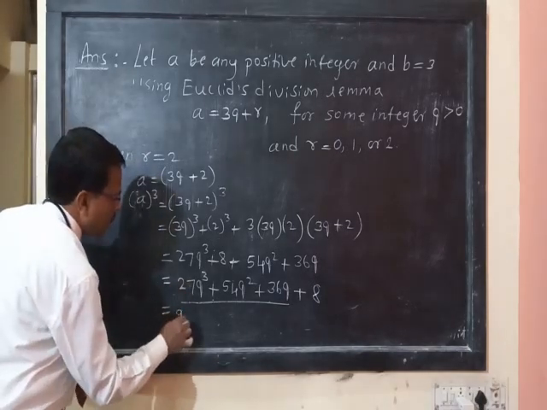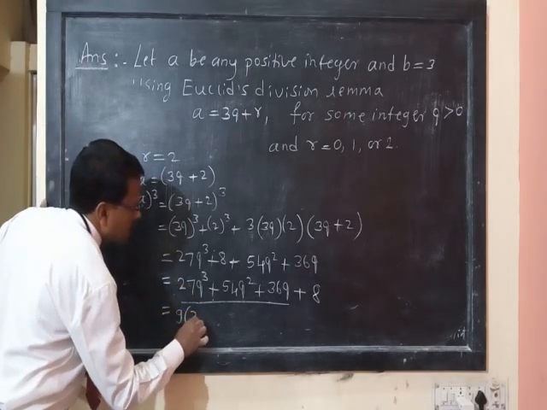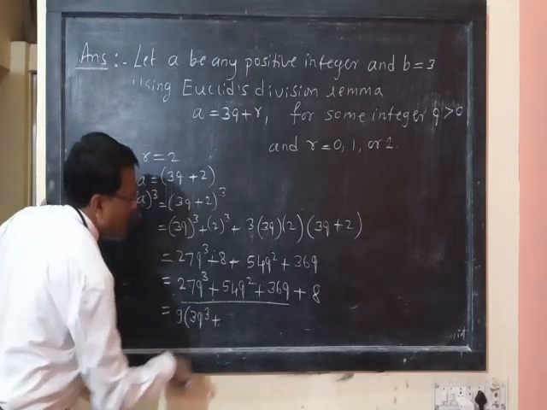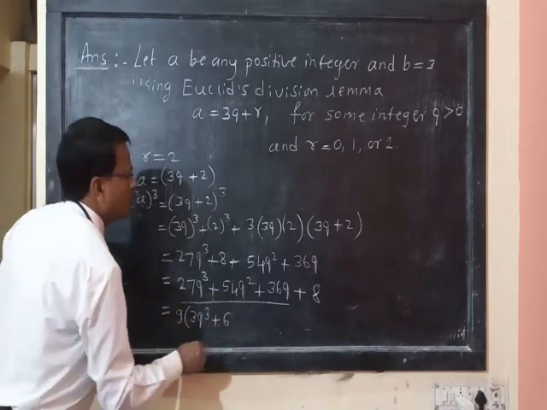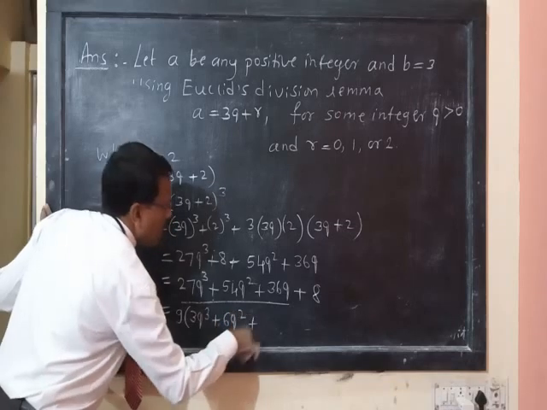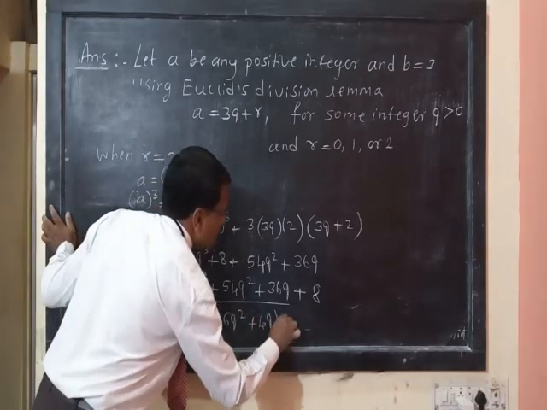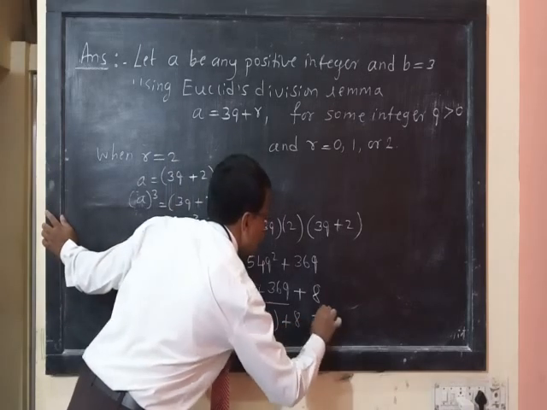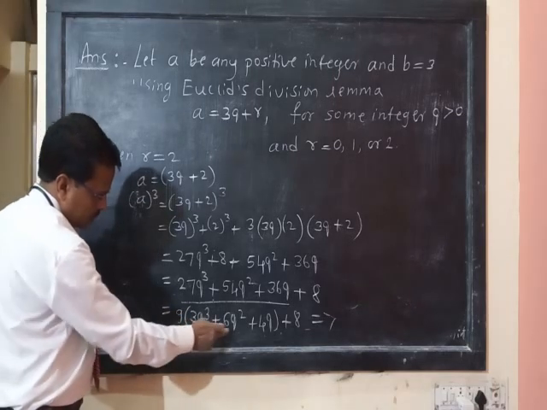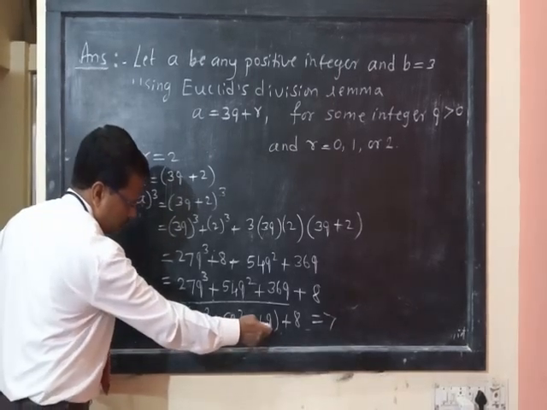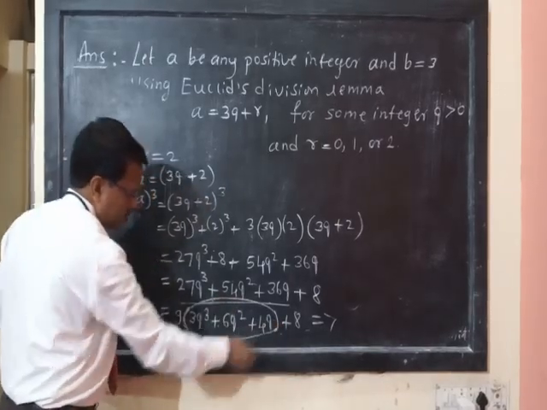I'll take 9 outside. 9 3s are 27, 3 cube plus 9 6s are 6q square plus 9 4s are 4 cube plus 8. So here 3 cube plus 6q square plus 4 cube, all together this is one integer.